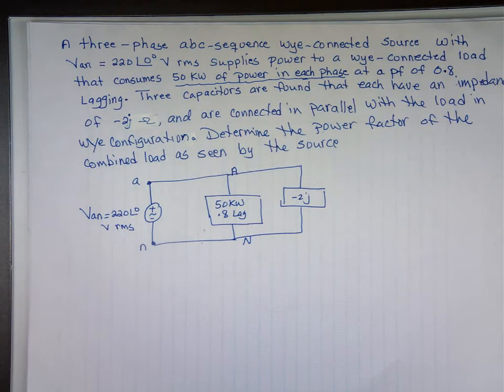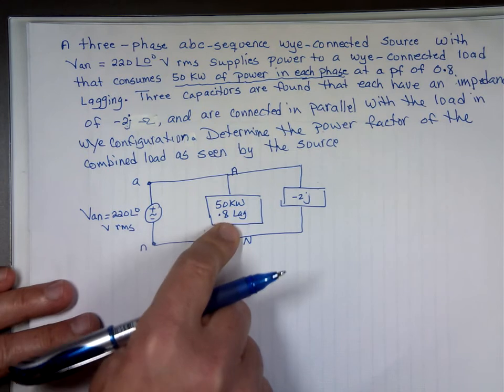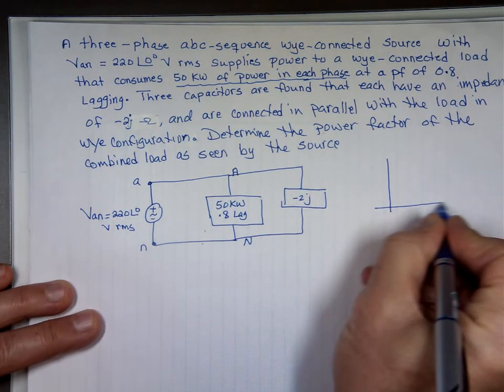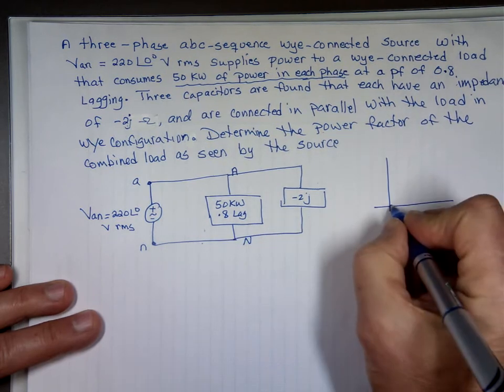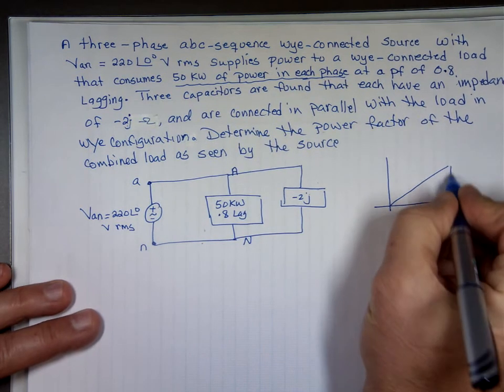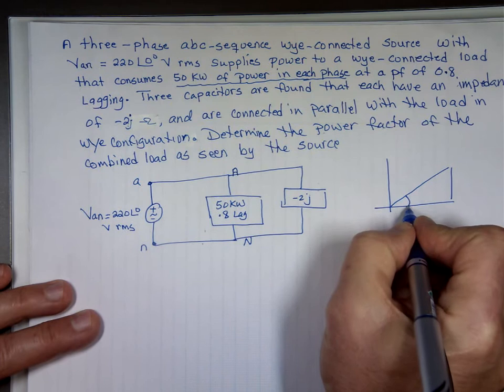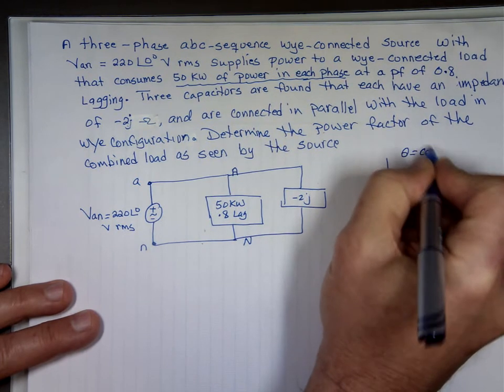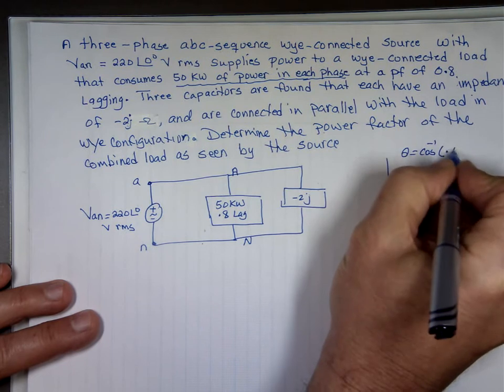This might be easier to solve in terms of complex power. Let's look at this load here. Let's find out what we know. We know that it's lagging, so it's a positive angle. We know that angle is the inverse cosine of 0.8.